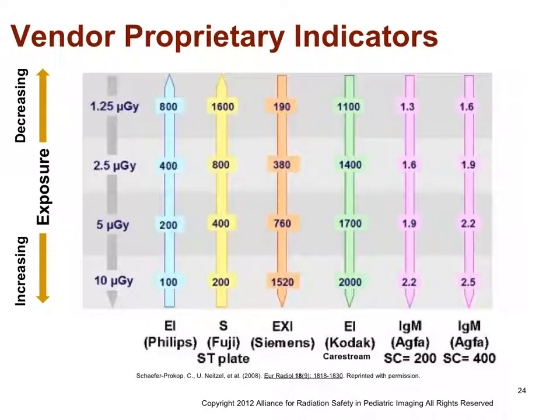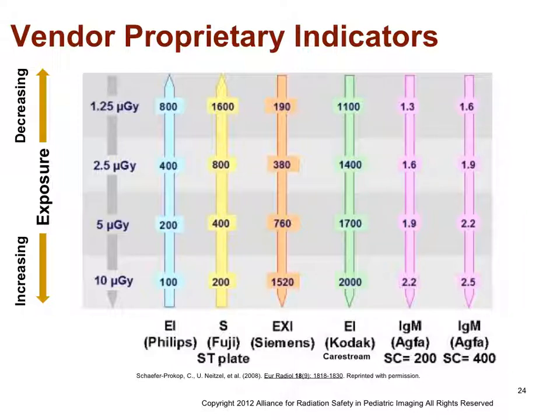This next graphic really reiterates these same types of things. So you can see that this is decreasing exposure and this is increasing exposure. So this particular scale goes from 1.25 microgray through 10 microgray, and you can see what that would correspond to in different systems. So some of those systems are, like I mentioned before, the Kodak system, the EGFA system, and the Fuji system, but this also incorporates Philips and Siemens, so every system is different.